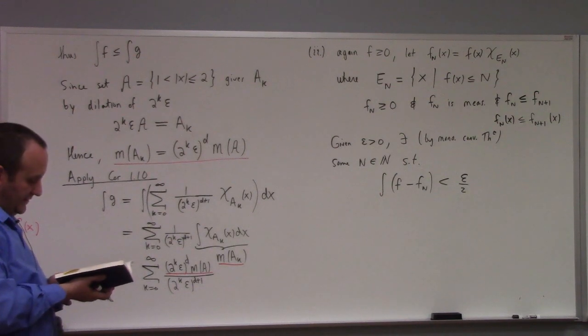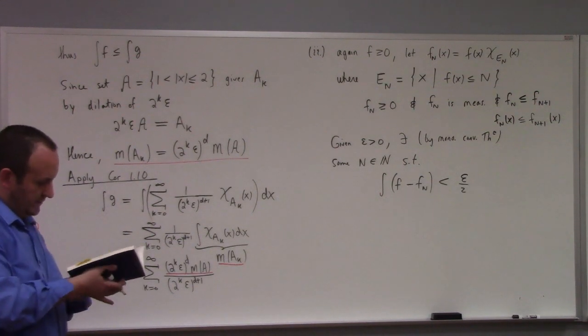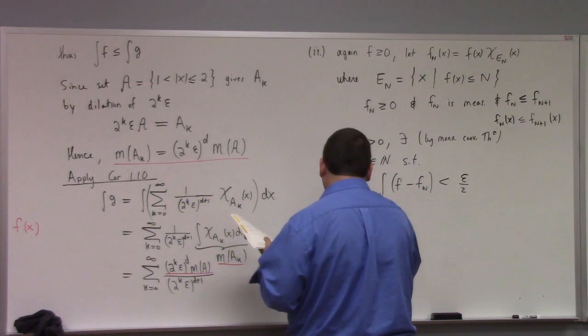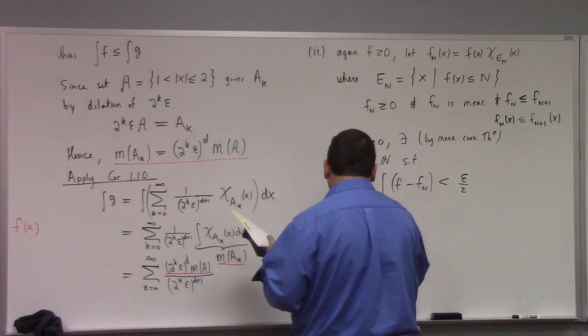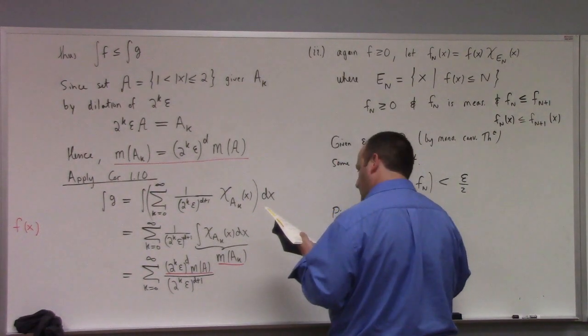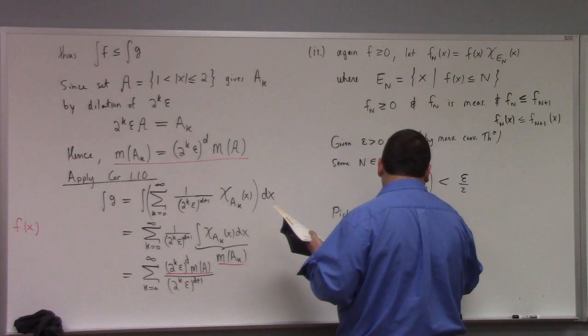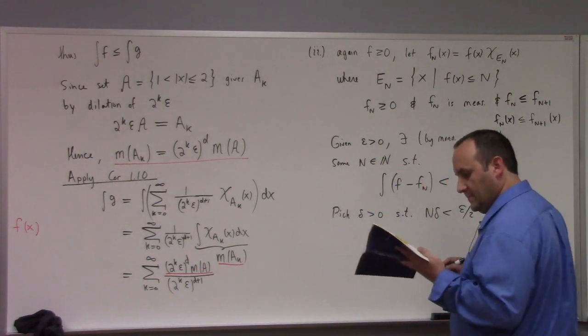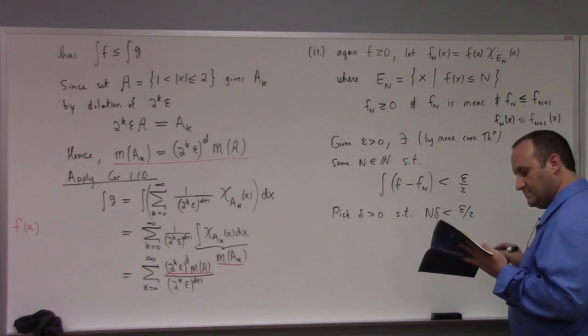So we can make that less than epsilon over 2, and then he says pick delta greater than 0 such that, ooh, sneaky, well, not that sneaky, n delta less than epsilon over 2. All right.